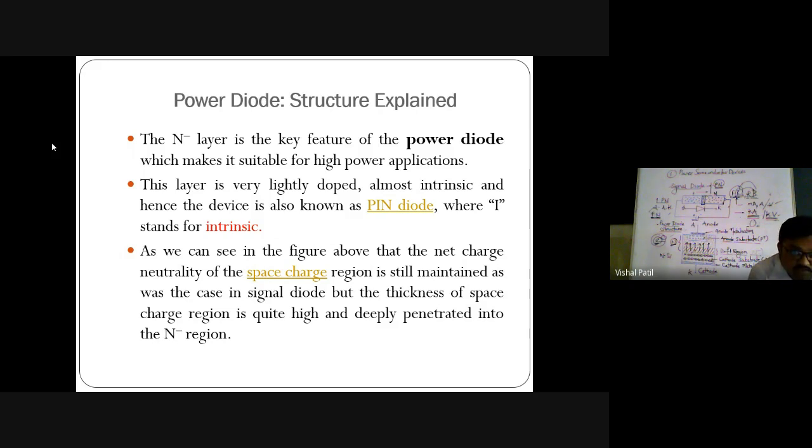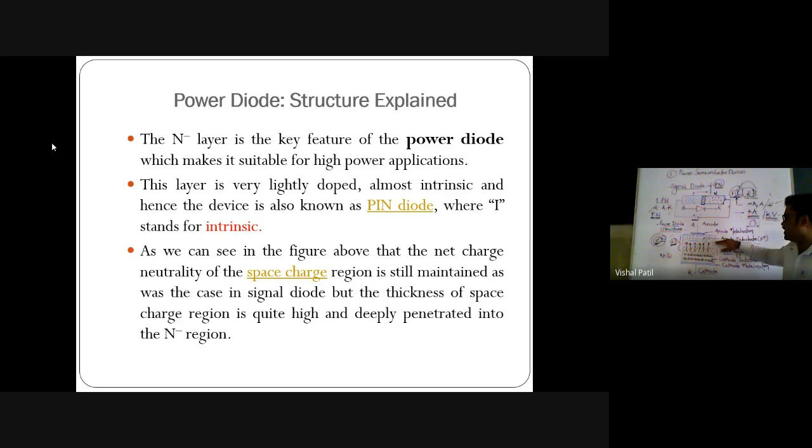Because, as I mentioned, we need to give enough scope to grow epitaxially the cathode substrate, and for growing that, we should give enough space for the lightly doped cathode substrate. That is why the area covered by the drift region is much more compared to the cathode substrate and anode substrate.